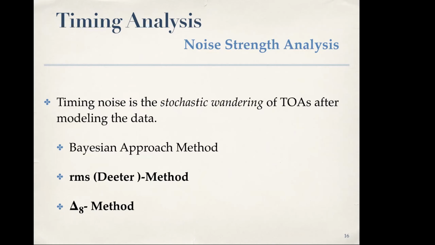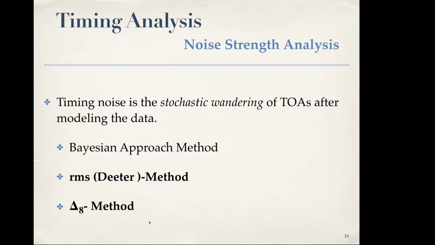The noise strength is calculated and interpreted in different ways depending on the approach. Over the years, the timing noise strength of pulsars has been estimated via the Bayesian approach, which is the newest, the RMS method, or as we call it, the Deeter method, and the delta 8 method.